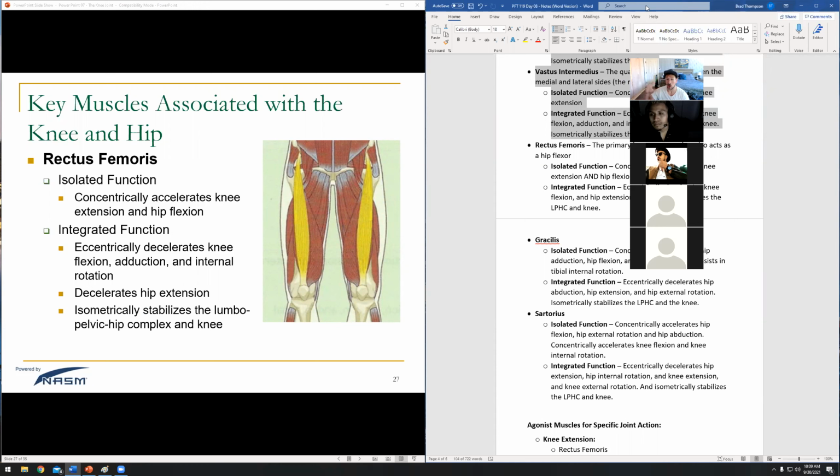Just like, remember, the long head of our hamstring, the long head biceps femoris, does hip extension. The semimembranosus and semitendinosus do hip extension as well. Those three hamstring muscles are primarily knee flexors, but they also do hip extension because they are attached to the hip.